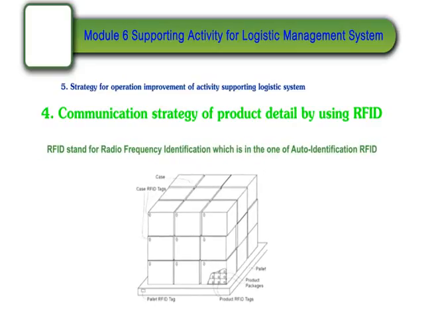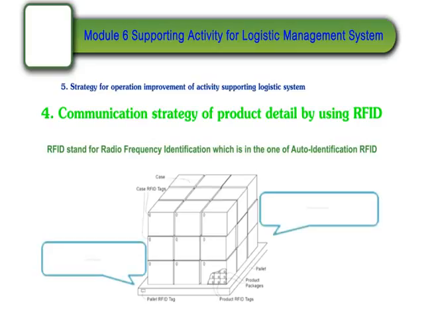RFID stands for Radio Frequency Identification, which is one of the auto identification technologies. RFID uses radio frequency signals to communicate data between electronic labels, the RFID tag, connecting the product or packaging with the RFID reader to indicate the identity of the product, as well as other information related to activities in the supply chain.